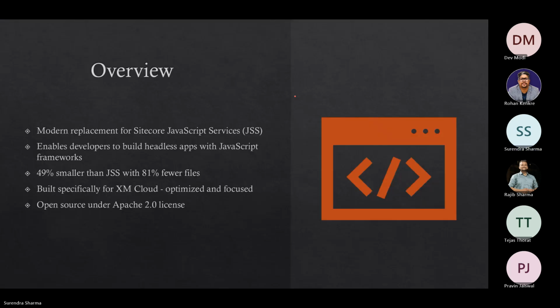So, let's see the overview. What is this Content SDK? Right now, the entire CMS world is moving toward the headless side, and that's where Sitecore is spending more money. Instead of focusing more on the on-premises solution, they are moving towards the cloud side.